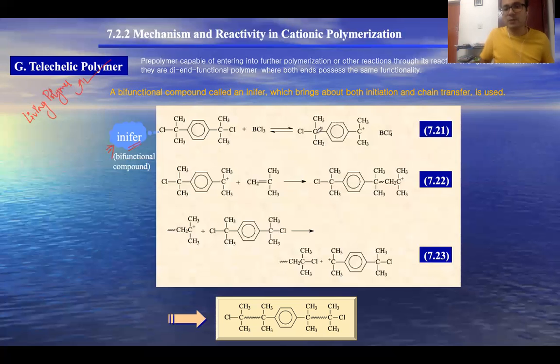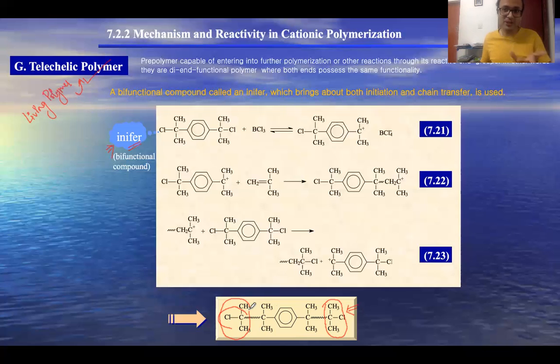So what is the characteristic of a telechelic polymer? This is an example of a telechelic polymer. Here what you see is the end groups are pretty much the same. In this telechelic polymer, it has a bifunctional moiety, and these are the same bifunctional end groups.